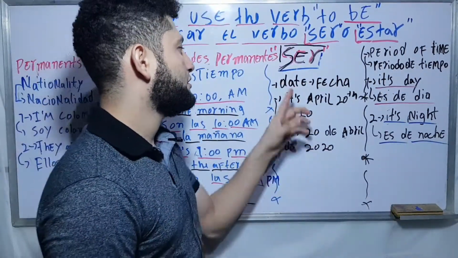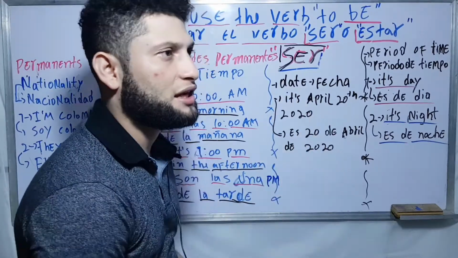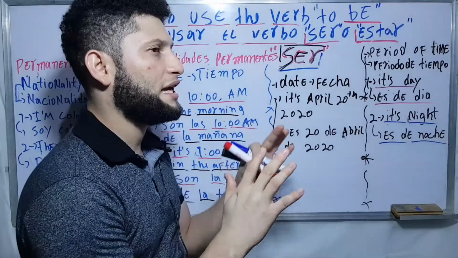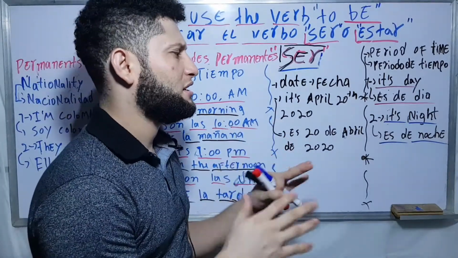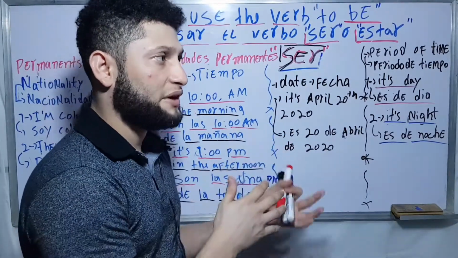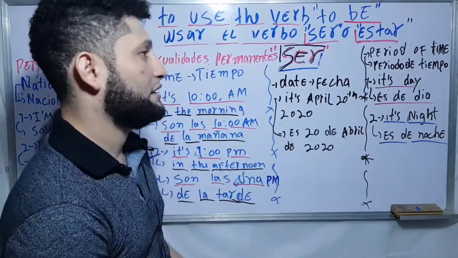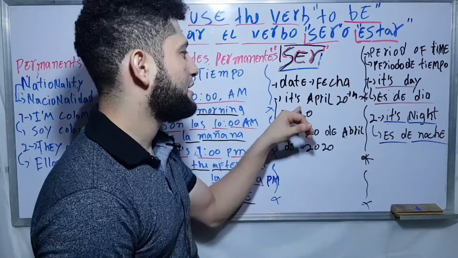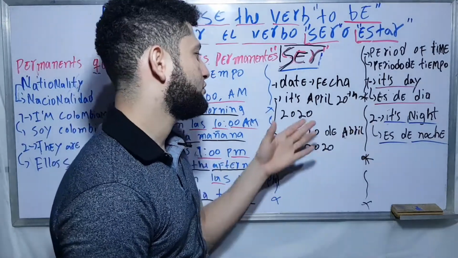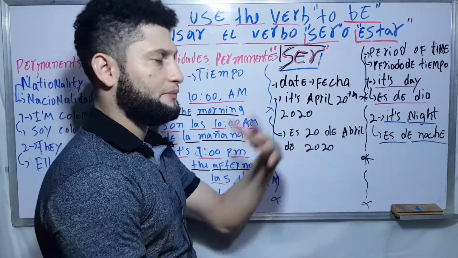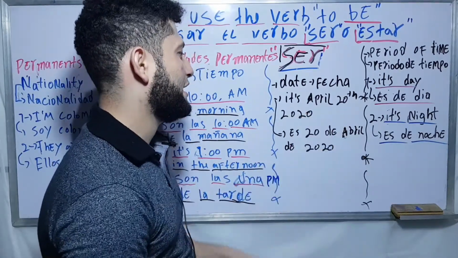Okay, for date. In this case, it's not a date like when you want to hang out with a person. It's not like this. It's only for you to say an example like this: it's April 20th, 2020. If I'm not mistaken, this is the way to say a date in English.